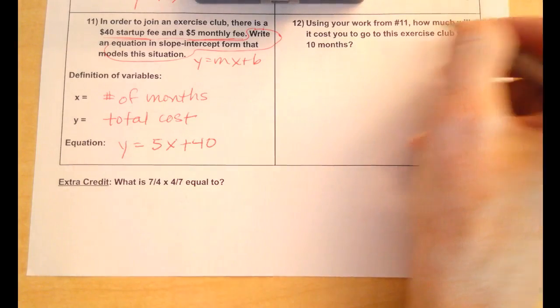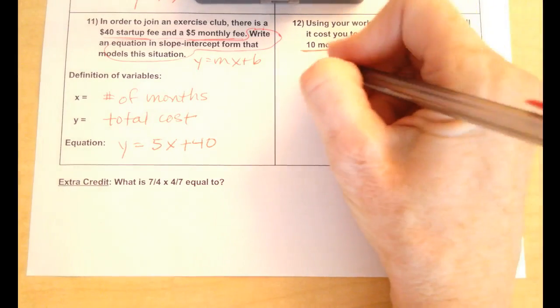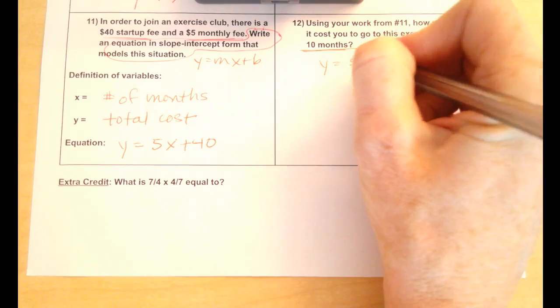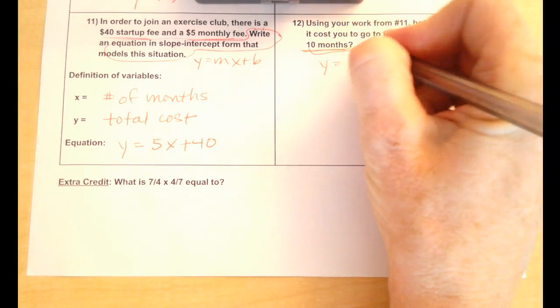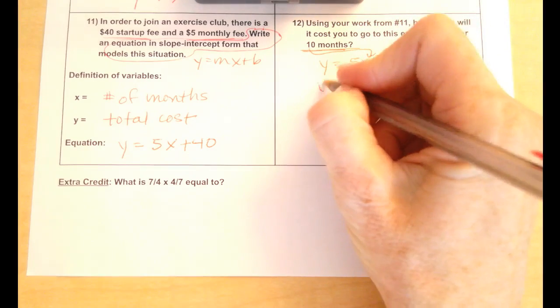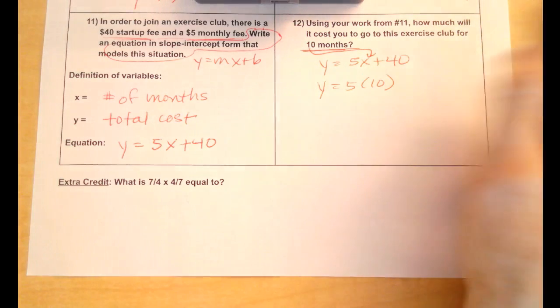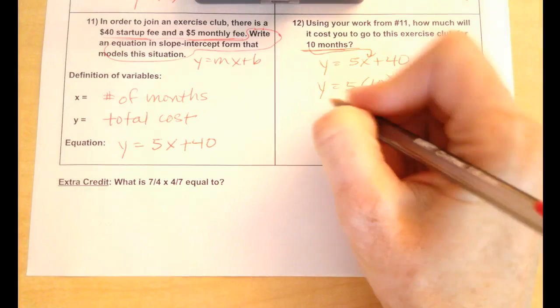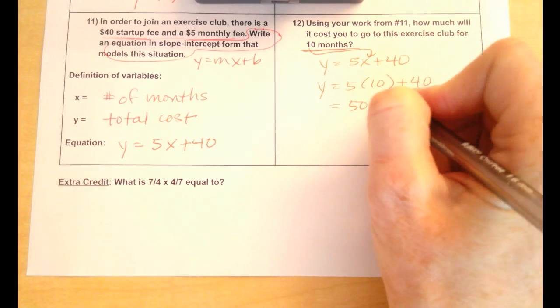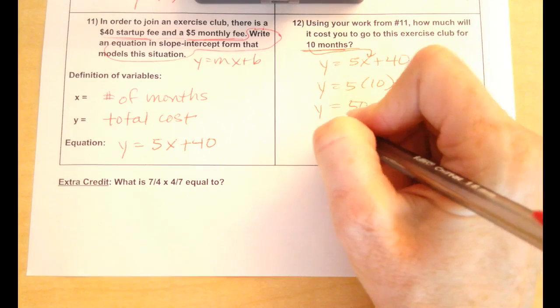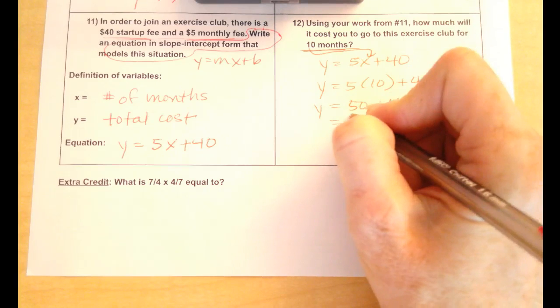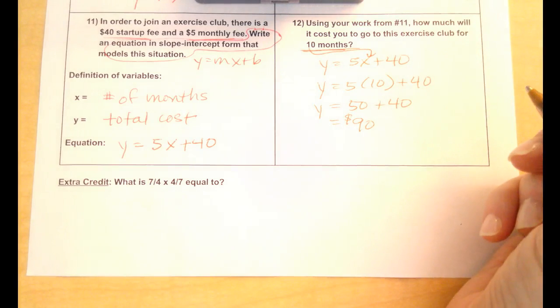So when I come over here and they ask me how much did this cost for 10 months, I can input that for my number of months to get y equals 5 times 10 months plus that startup fee, or 50 plus that startup fee, or $90 total for that period of time, dollars being my units.